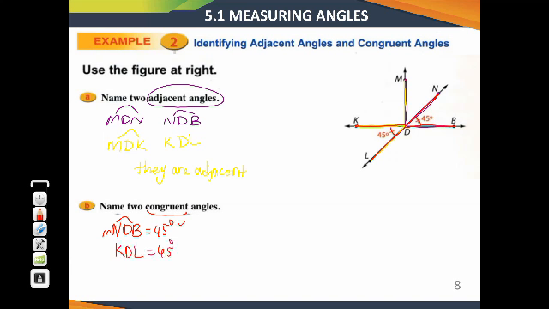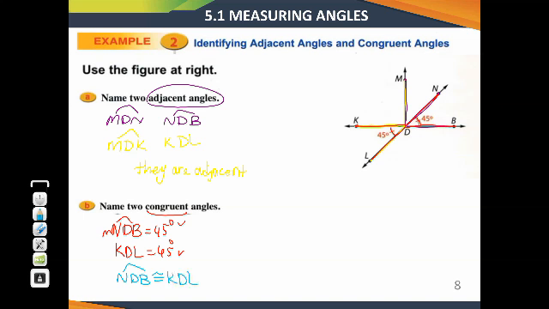So they have the same measure. We can say angle NDB is congruent to KDL. They are congruent.